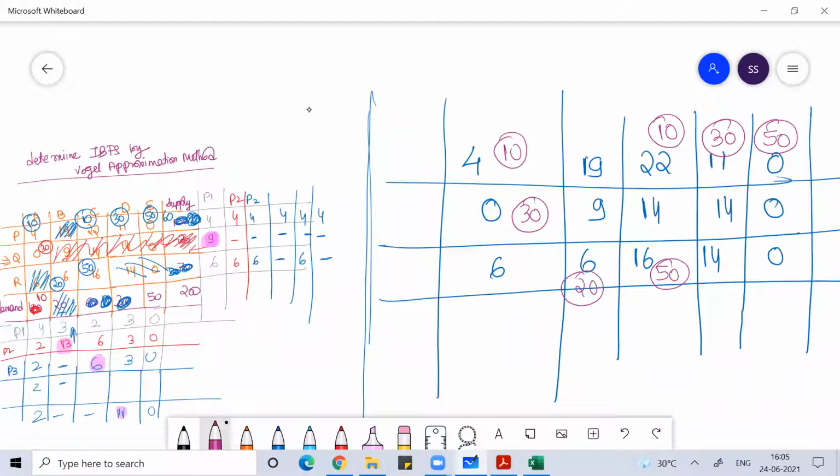This is the allocation we did. We don't know whether this is optimal or not. We just did this allocation.